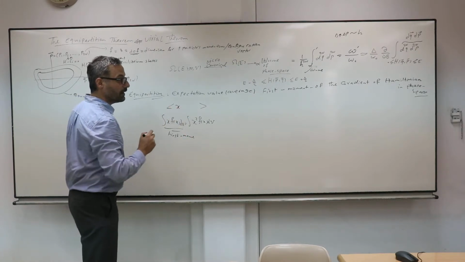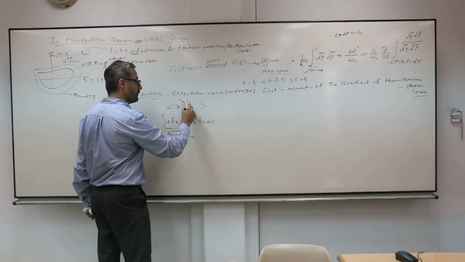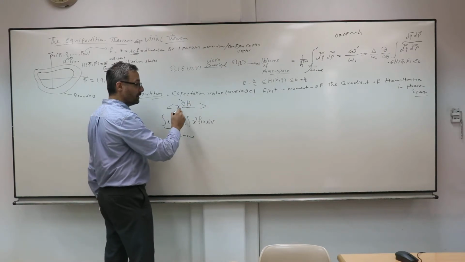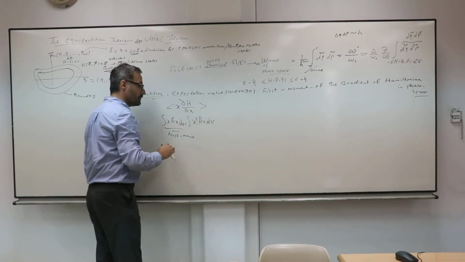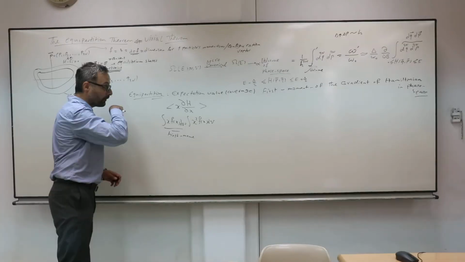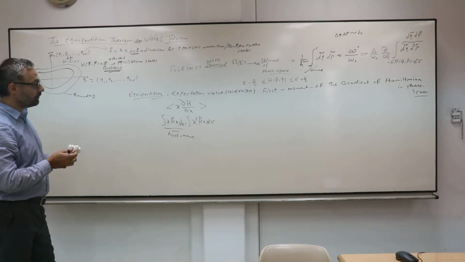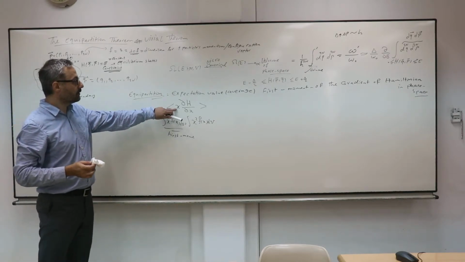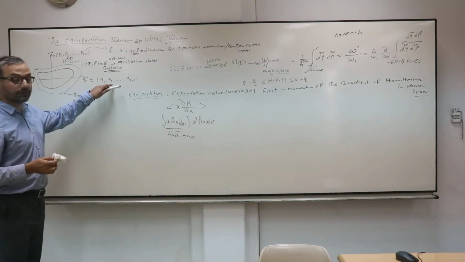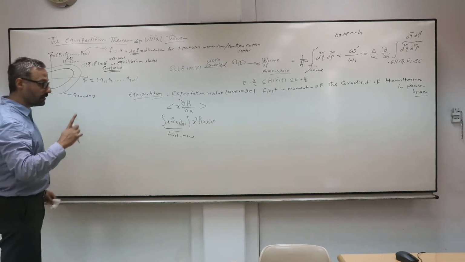The gradient of the Hamiltonian in phase space, the partial derivative of H with respect to x. So what is x? You are living in the phase space, so this x could be any of the coordinates q or p. So it's a general coordinate.